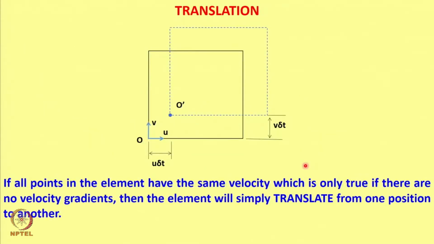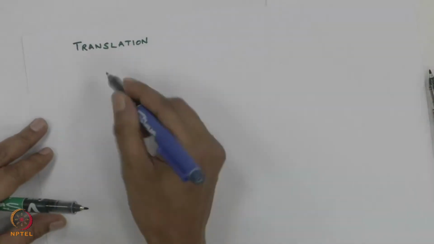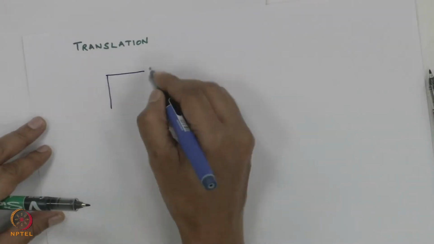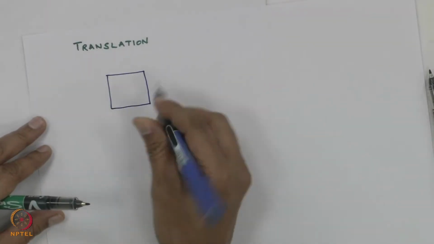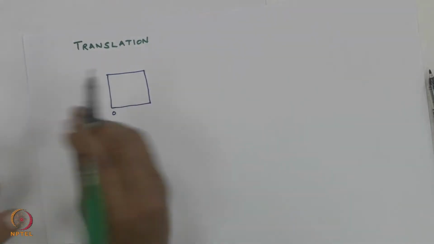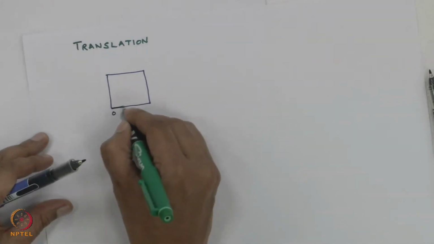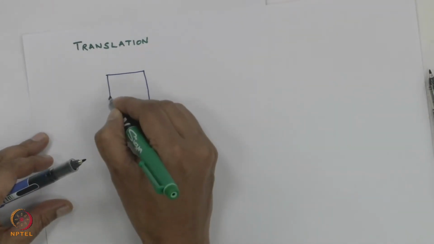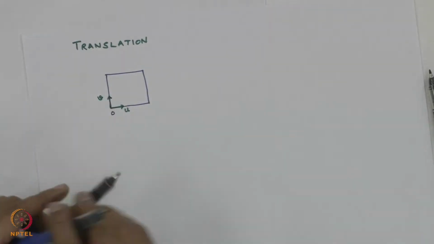Now this is translation. If you just take translation, you have the fluid particle, we are visualizing it as a kind of square O, and you have velocities u, and this is the velocity v in the x and y direction.